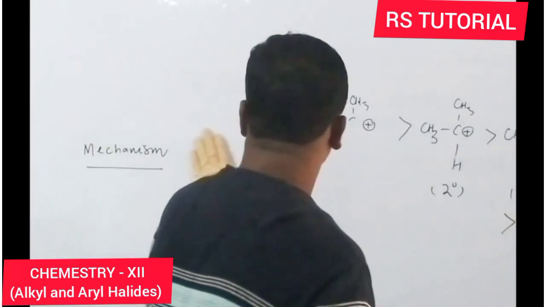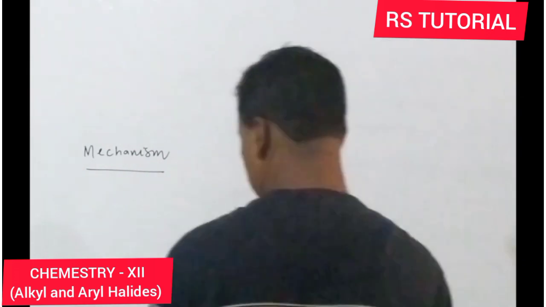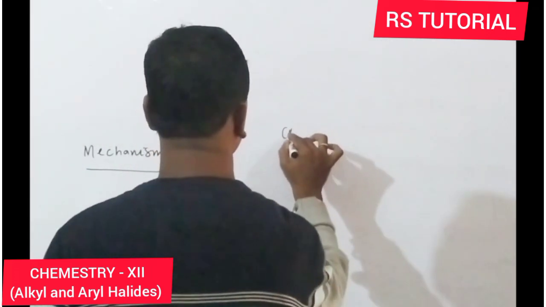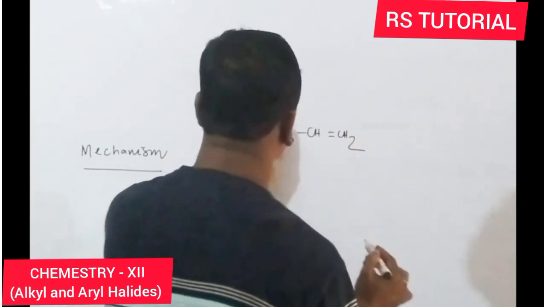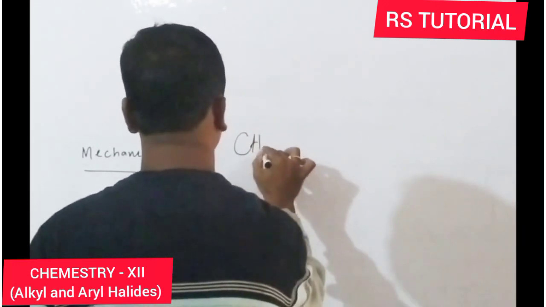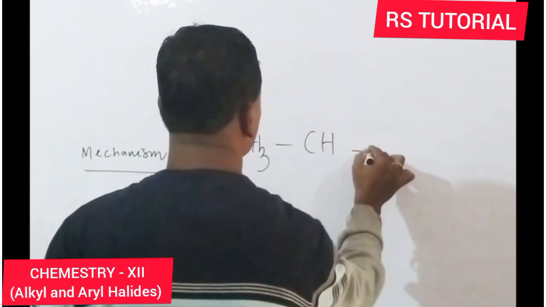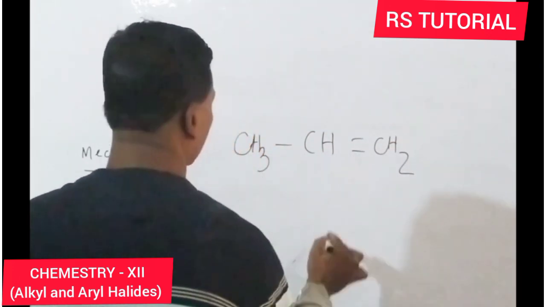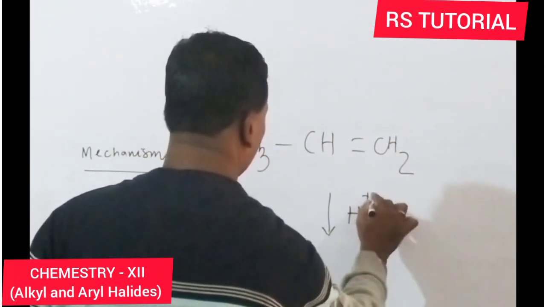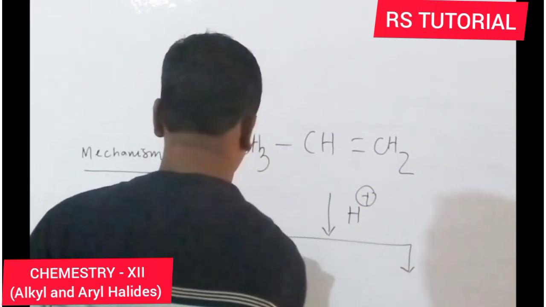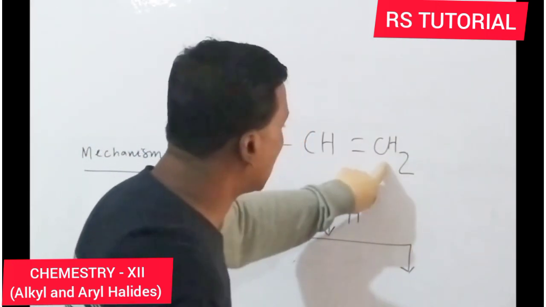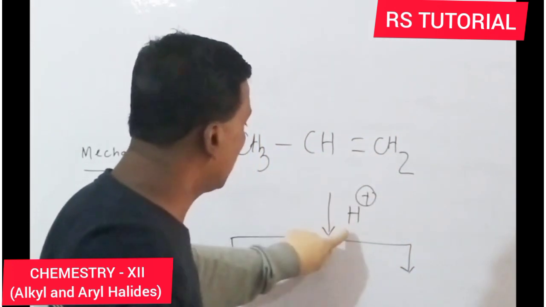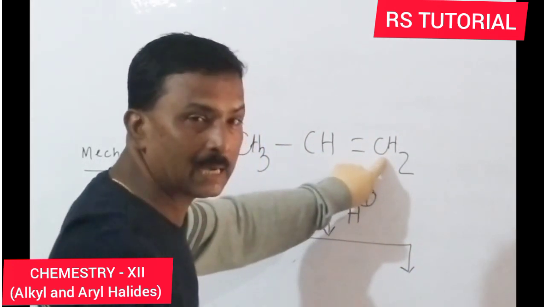Okay. So you see CH3 CH double bond CH2. Now we add the electrophilic part. There are two ways of addition. If you see the pi bond here, this carbon is negative and this is positive. Positive will go to the negative. Again I will repeat.